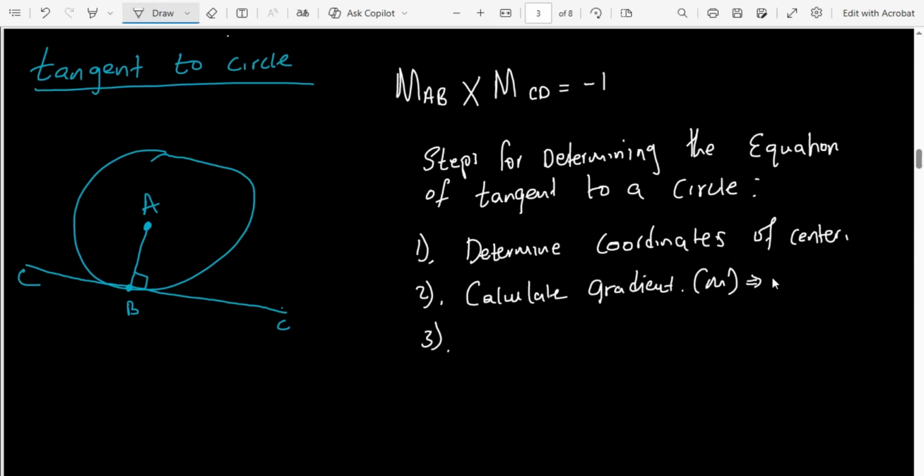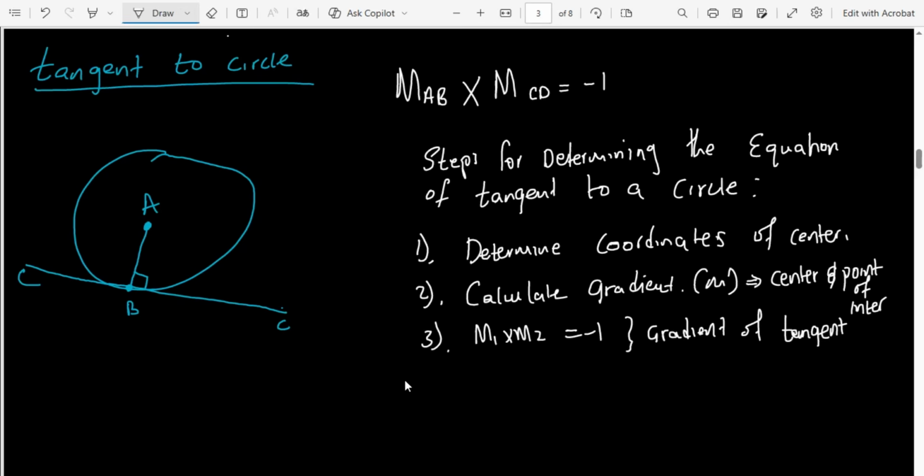Then, when you have that, you need to use the M1 times M2 formula to find the gradient of the tangent.